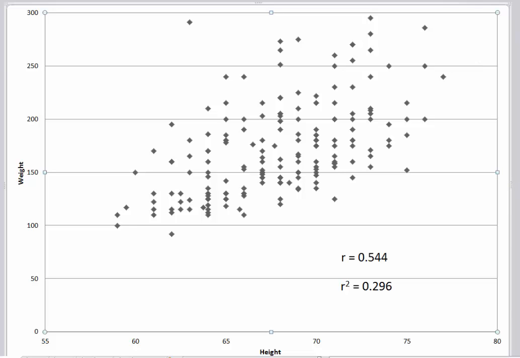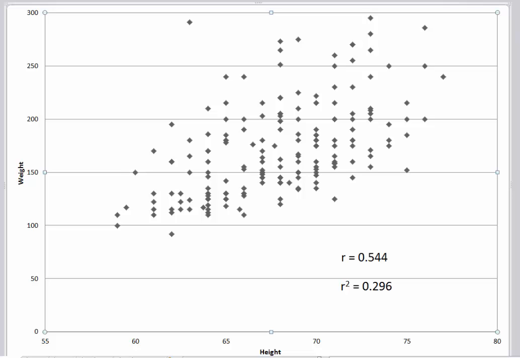Another thing we can do is find the coefficient of determination, which is R squared. We simply take our value 0.544, square it, and we get 0.296. What this tells us is that the linear correlation between the two variables accounts for 29.6% of the overall variation.